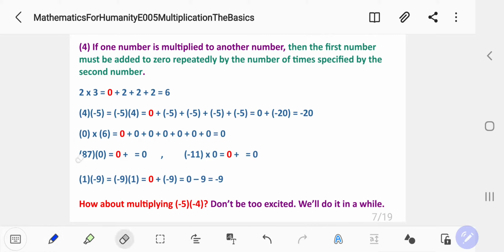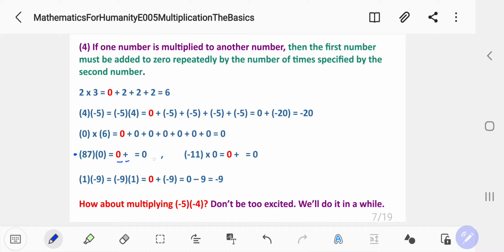You have here in the next one 87 times 0. So here you have 0 plus, you don't have the number of times that 87 has to be added to 0 because you are multiplying 0, so you're adding nothing.